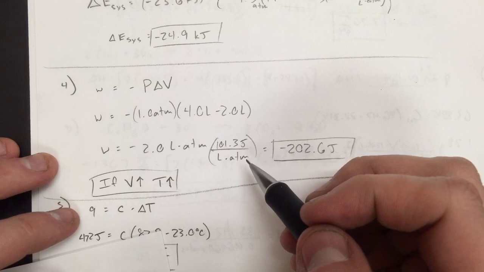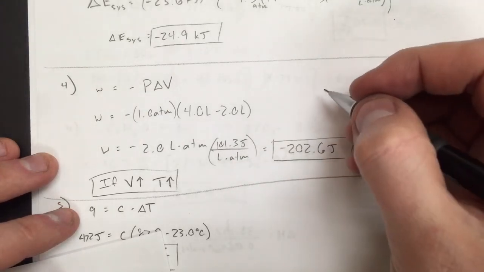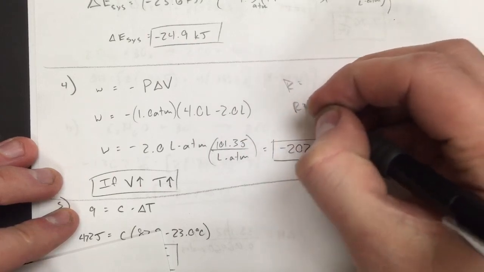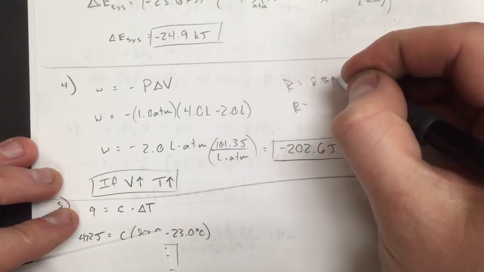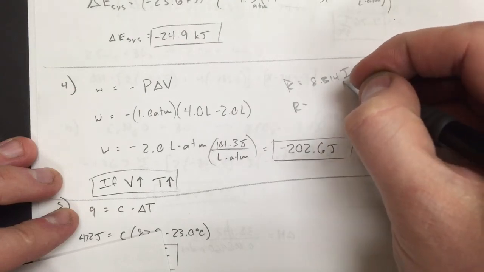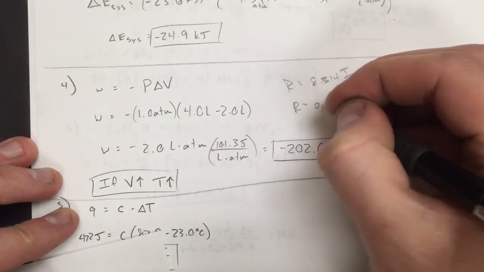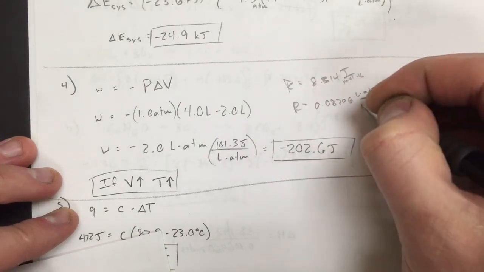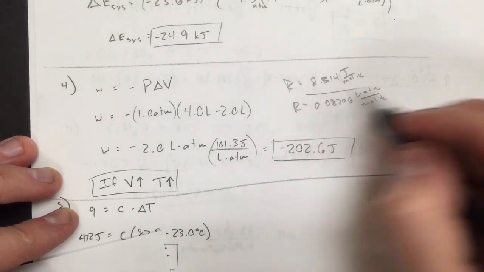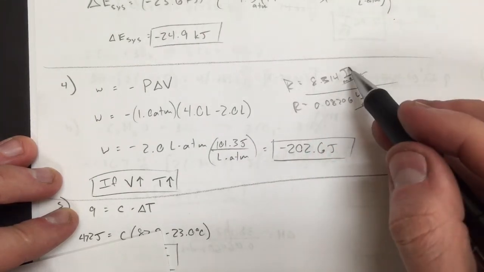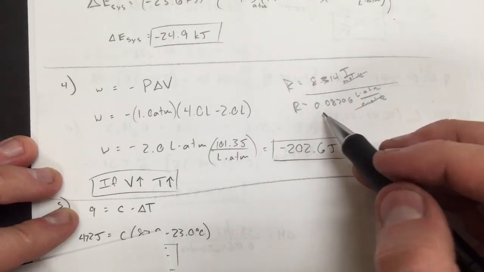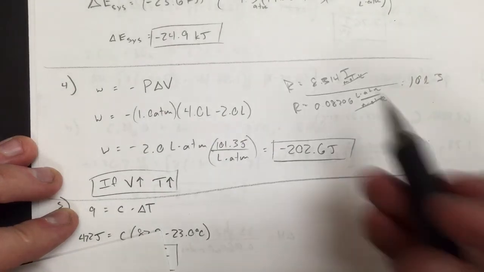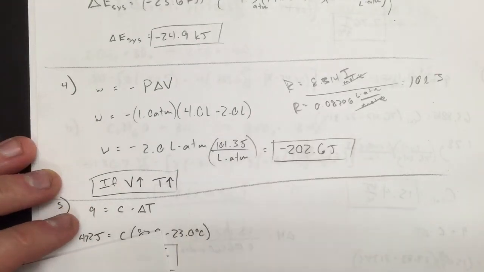I may or may not give you this factor on the test, but you can derive it by using the two values for R that you know: 8.314 joules per mole Kelvin and 0.08206 liter atm per mole Kelvin. If you divide these two, the mole Kelvins cancel out and you're left with joules per liter atm. When you divide this by this, you wind up with 101.3. So you can derive this even if I don't give it to you.